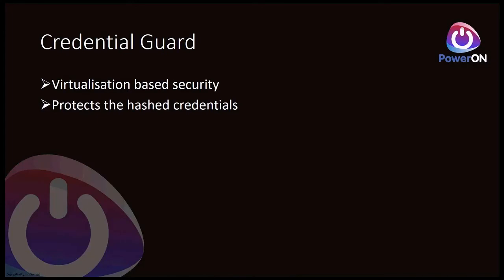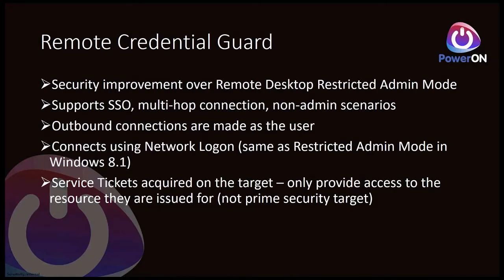So Credential Guard. Credential Guard uses virtualization-based security again to isolate and protect the hashed credentials. The user's domain credential is protected if Credential Guard is enabled, but also building on Credential Guard, we've got Remote Credential Guard. So this came out with Windows 10 last year.